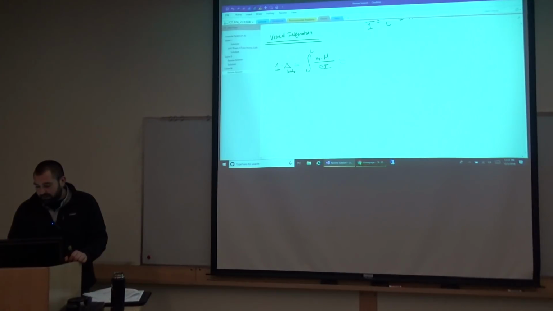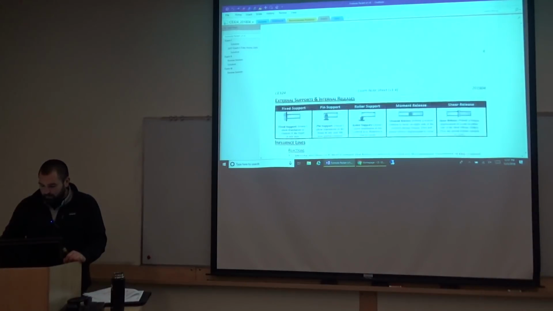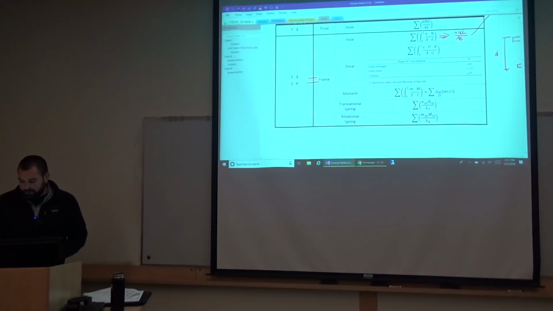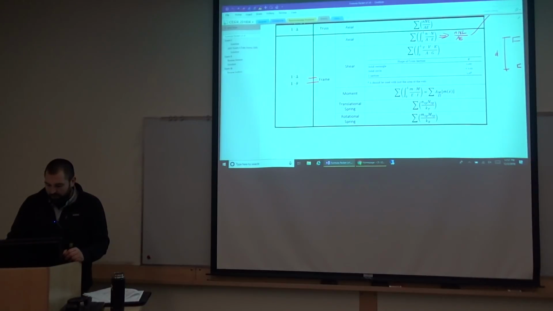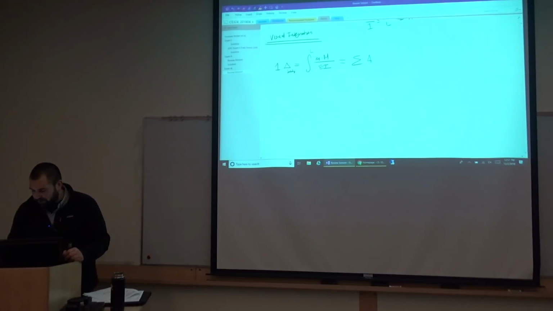But your book also says you can simply sum up the product of the area underneath the real moment over EI diagram times the value of the virtual moment at this distance x bar. So it equals the summation of A sub m over EI times m of x bar.